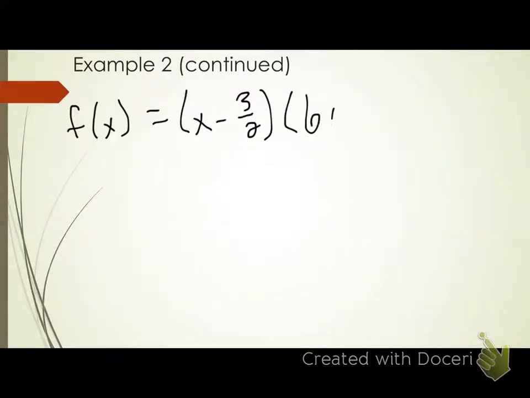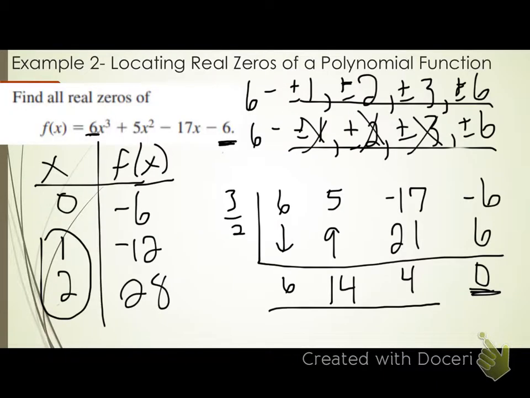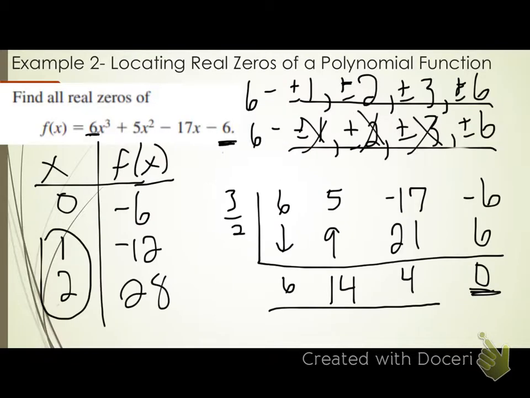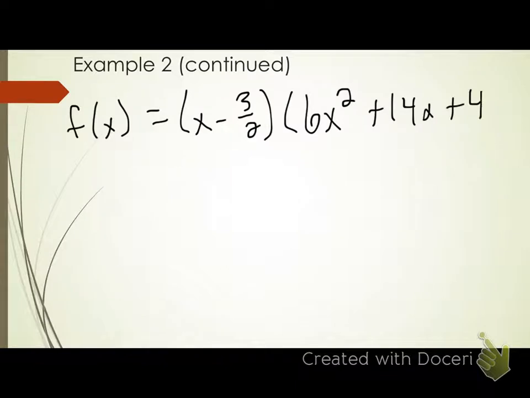So I get 6x squared plus 14x plus 4. So now I need to see if I can factor this polynomial any further, because I'm trying to find all the zeros of this polynomial function.